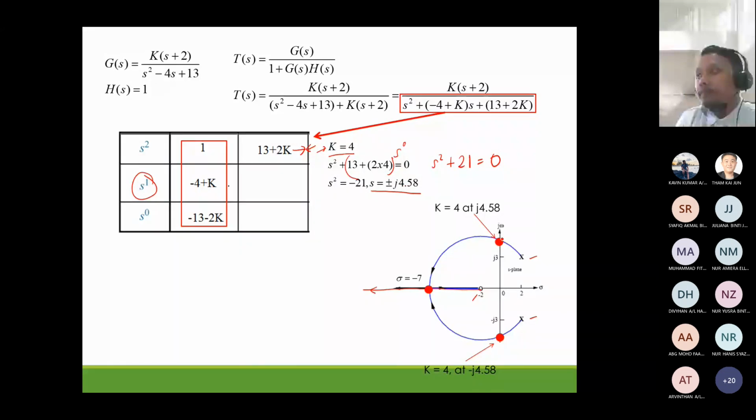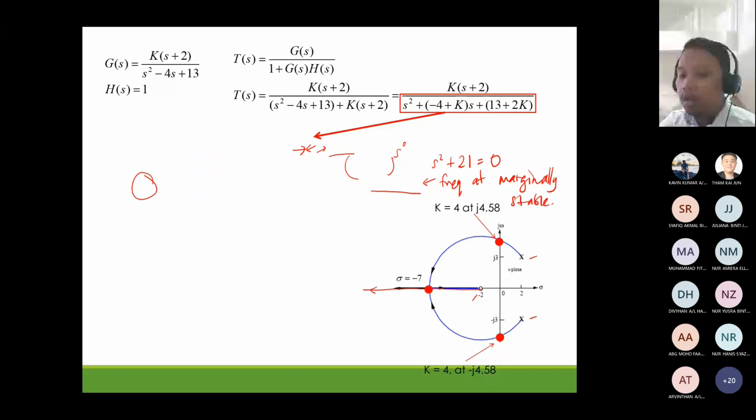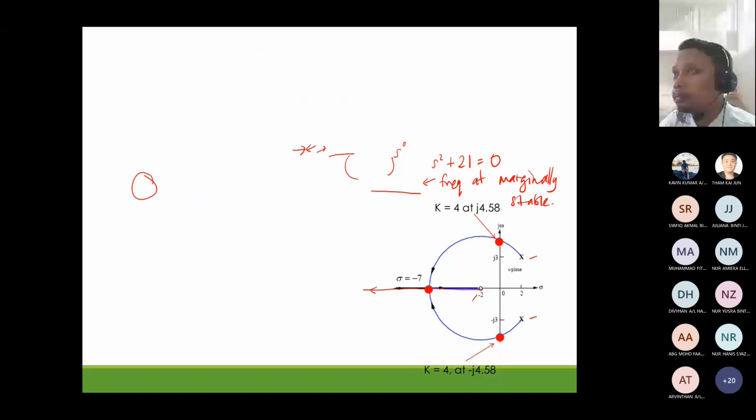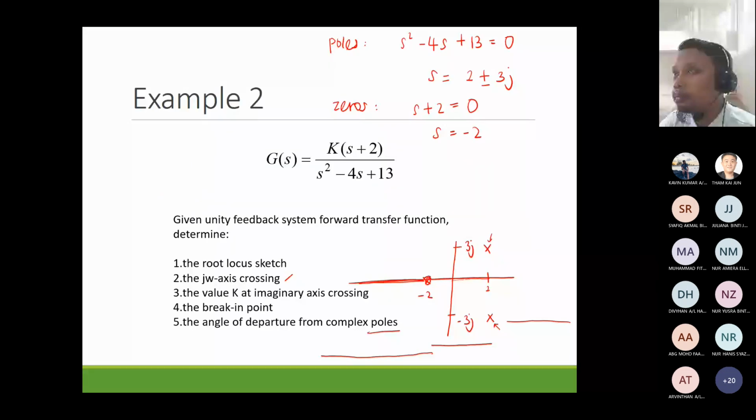Okay, it should be somewhere here, at marginally stable. So we find the value of the j omega axis crossing and the value of K.